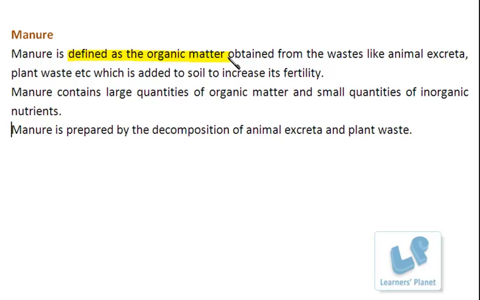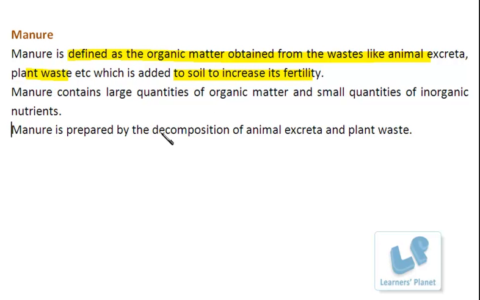Manure is defined as the organic matter which is obtained from waste like animal excreta or plant waste and so on. And such type of decomposed waste is added to the soil so as to increase its fertility.